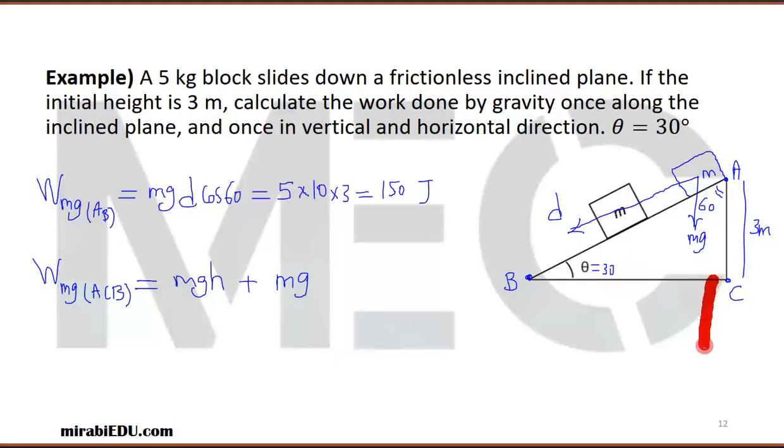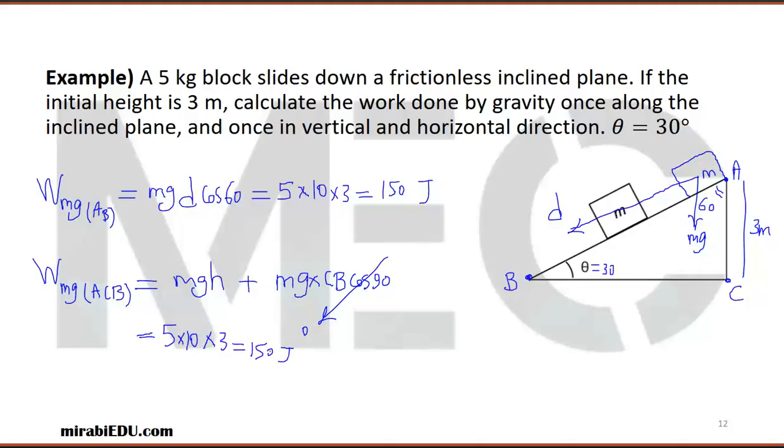The direction of gravitational force is perpendicular downward, and therefore the angle is 90. So mg times CB times cosine of 90. So in this horizontal path, the work by gravity will be 0. So the same number of 150 joule will be found.